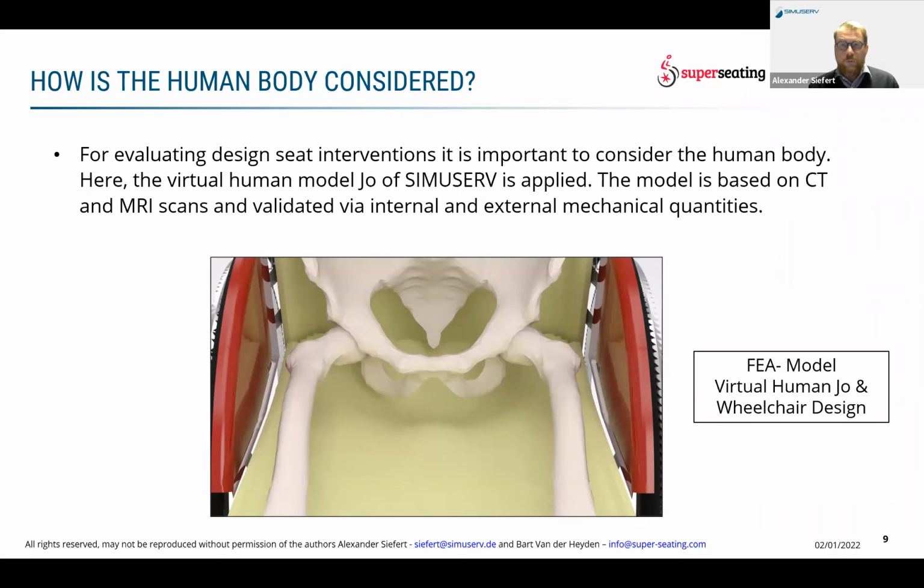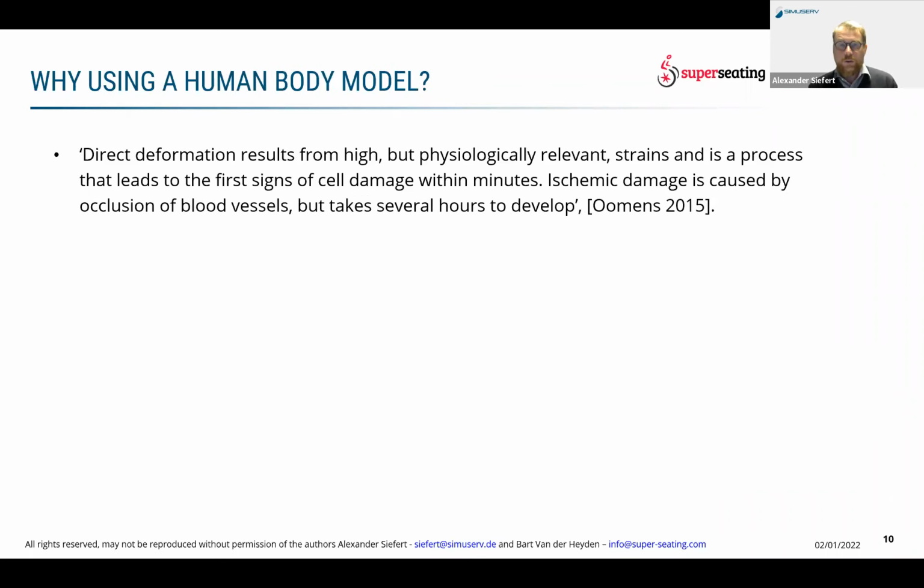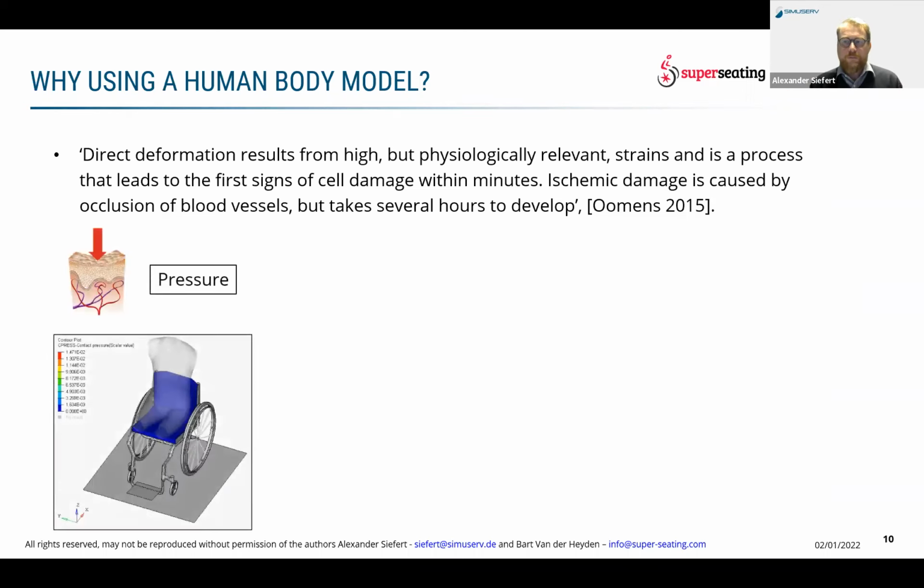So why are we using that setup? Because we know from some very well-known work by Cees Oomens, you all know him, that they have made a lot of investigations where they found that the direct deformation of the tissue is a really critical part for necrosis. And we typically have four setups, but here we mainly look at three. We have pressure, so you can see here, we can simulate pressure at the surface.